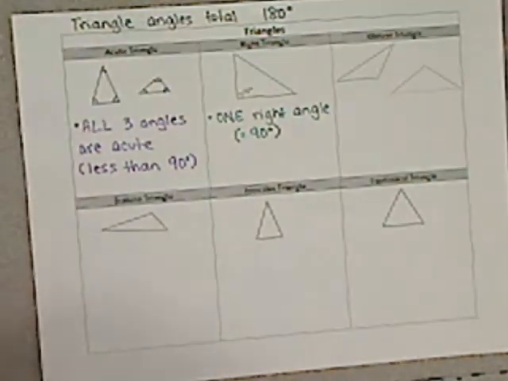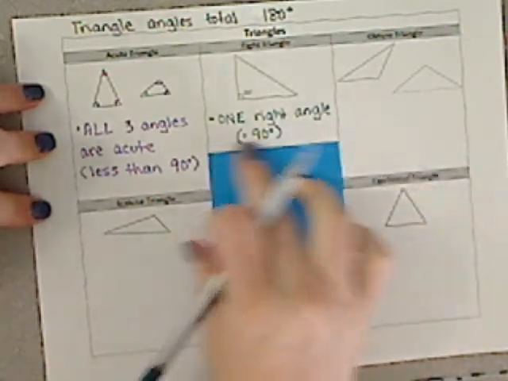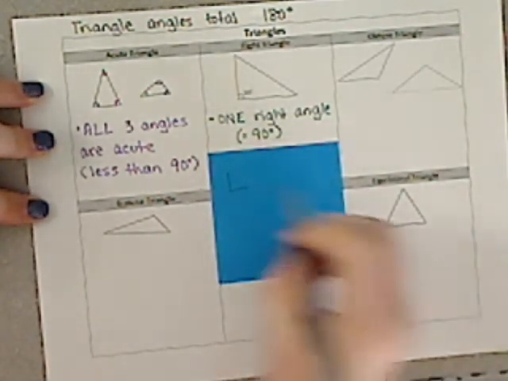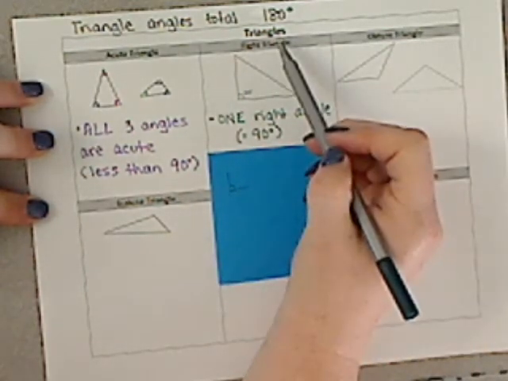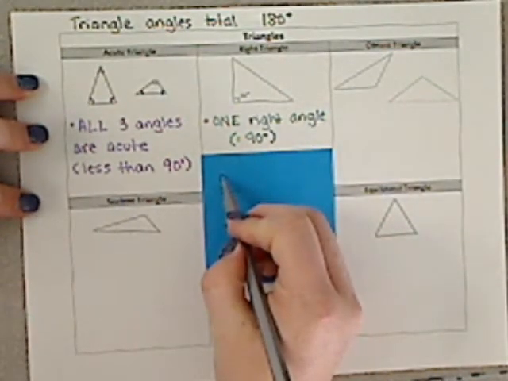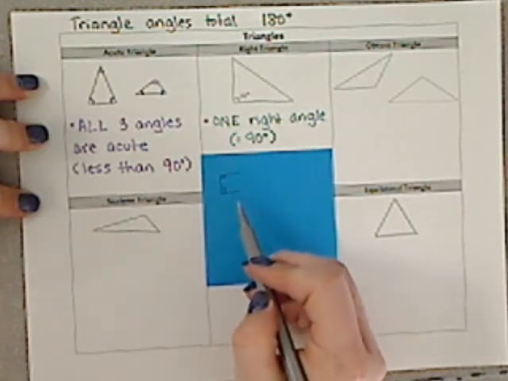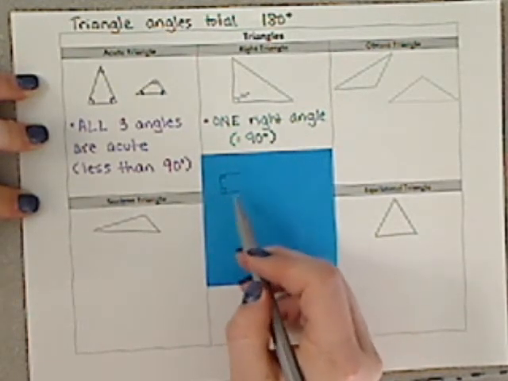I know in my mind, and I'm just going to use a sticky note here, if I have one right angle and I am trying to create a triangle, then if I do my third line and create another right angle, I can't create a triangle. It's not going to work.